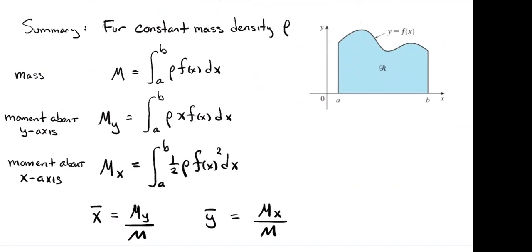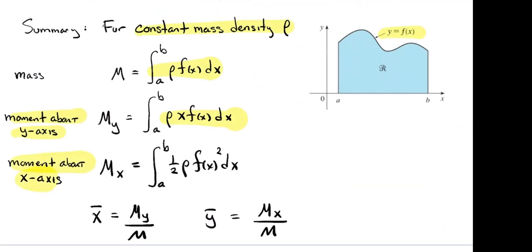So to summarize that, given some function, y equals f of x, and you're going to assume that you have constant mass density. Then to compute the mass, you integrate the density times the function value. To compute the moment about the y-axis, you integrate the density times x times the function value.